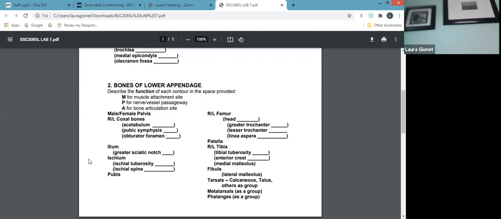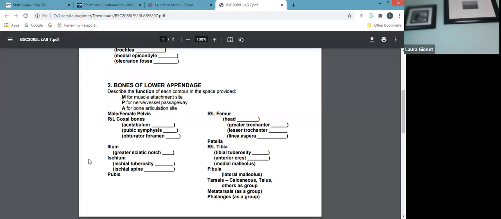We have the tarsal bones that, with the exception of the calcaneus and talus, you just have to know as a group. When we look at the pictures of the talus and the calcaneus, you'll see how large they are and how unique they appear.